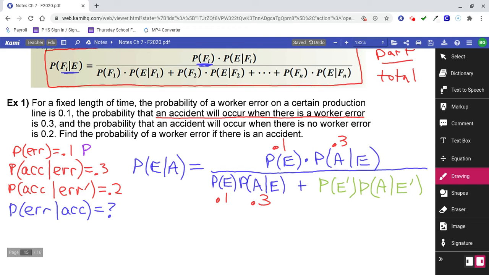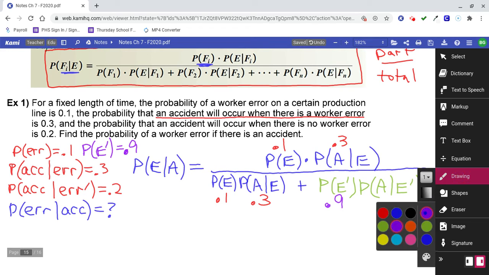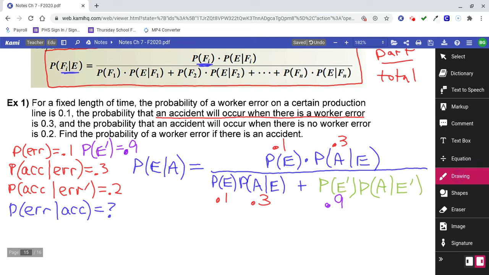If we know the probability of an error is 0.1, then we should be able to figure out the probability that there's no error. And what is that? 0.9. Even though they didn't give me that information, I can figure it out relatively easily. Probability of no error is 0.9. And then probability of accident given no error is 0.2.